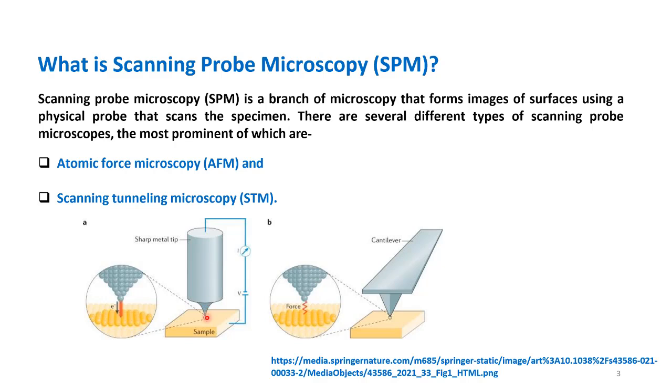When the tip reaches close to the sample, the electron will try to jump from the tip to the sample. That is how we know that there is something in the periphery of the tip, that the sample is here. And when we scan the whole region, we know how our surface is.